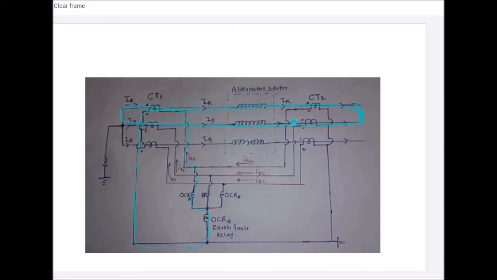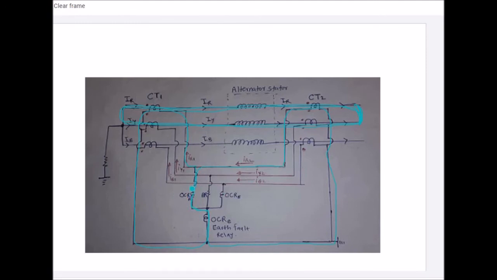And the path of IR2 is through the overcurrent relay of R phase, through the earth fault relay, then to the earth, and then to the neutral of the CT2 set, and returns to the secondary of CT2 R phase.